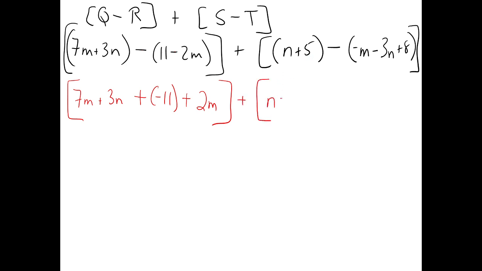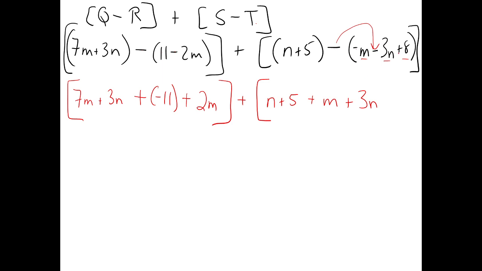I can write n plus 5 without the parentheses, but I need to take this minus sign and apply it to everything that's in my second set of parentheses, because all of this is my polynomial t. So this minus sign is going to change the minus sign in front of the m, so it's going to be plus m. This minus sign is going to change that minus sign, so it's going to be plus 3n.